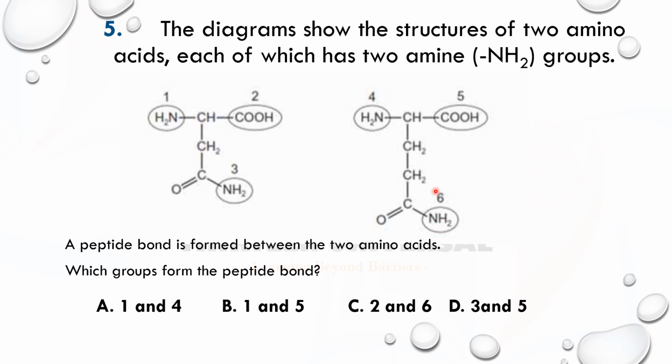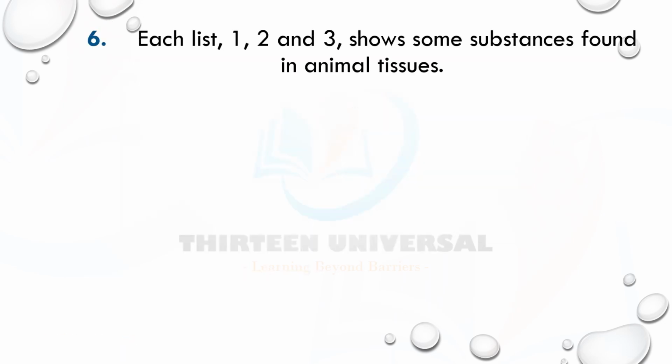Because it's not connected to the carbon atom that's directly linked to a terminal carboxylic group, just like this terminal amine group, because there's one carbon connecting it to the terminal carboxylic group. As for 3 and 5, 3 is not a terminal amine group, it is in the R group, so it's not involved. So the reaction will be between terminal amine group 1 and terminal carboxylic group 5. That's B.